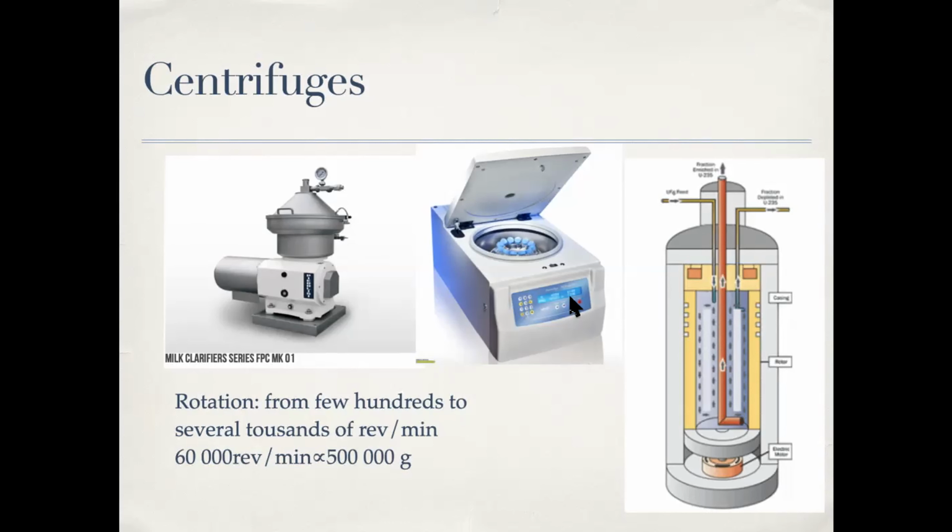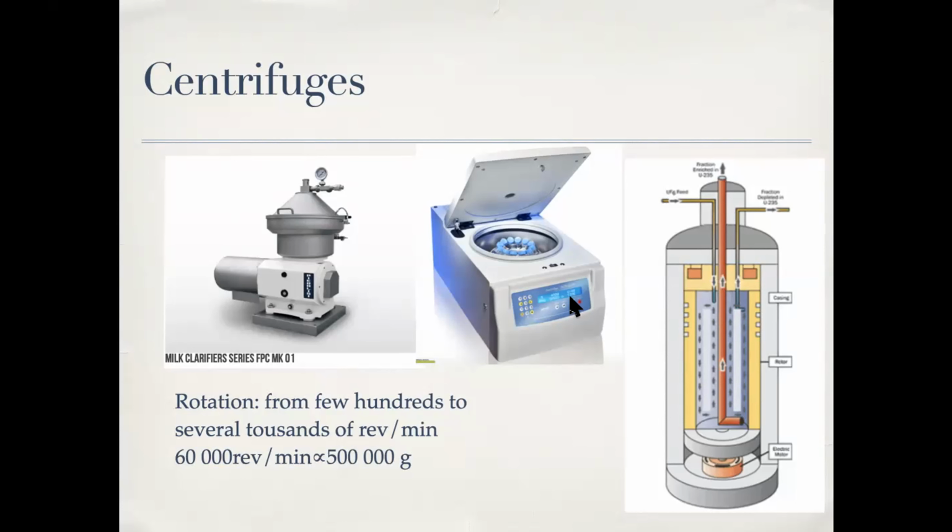There was not much theory about how the centrifuges actually work until the Swedish physicist Svedberg developed a theory of a centrifuge, and he built the first modern centrifuge, which is in the middle of the picture.